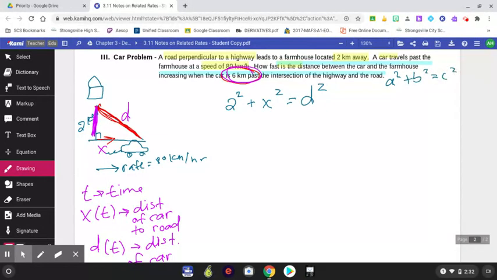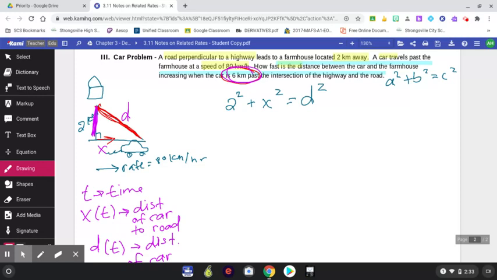And really what that means is that the leg squared plus another leg squared is equal to the hypotenuse squared. And the reason why I wrote it as 2 squared plus x squared equals d squared is because I was using the variables that I picked for my problem. 2 is a fixed number. That number does not change.